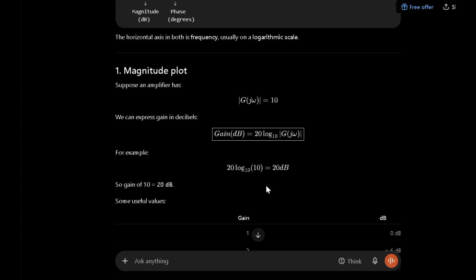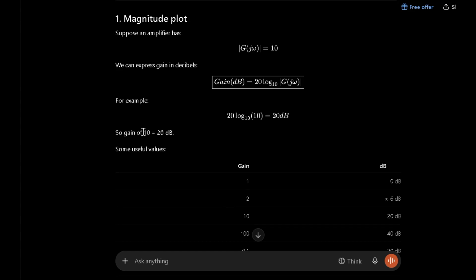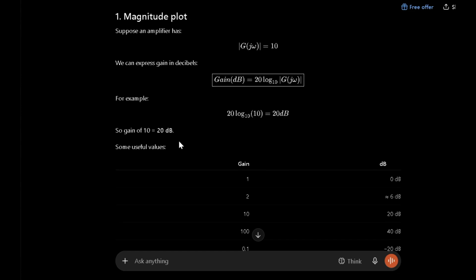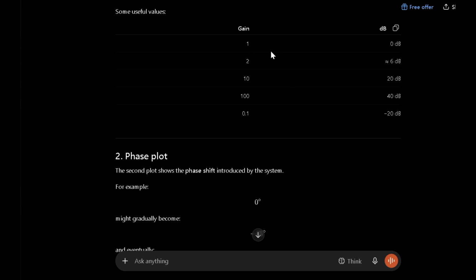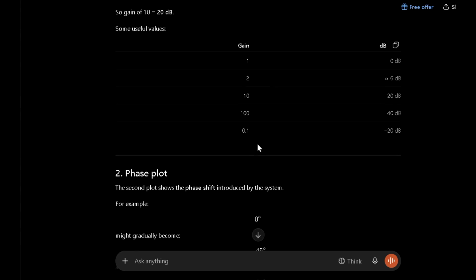So a gain of 10 equals 20 dB. These are some interesting values to remember.